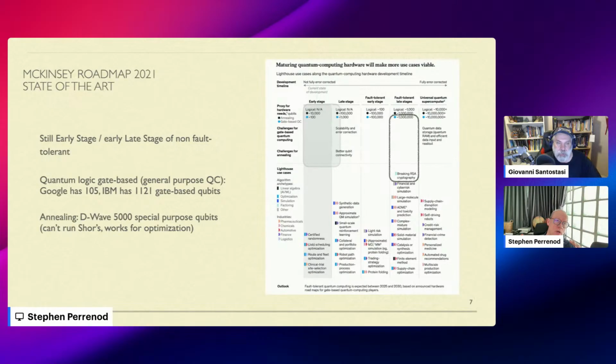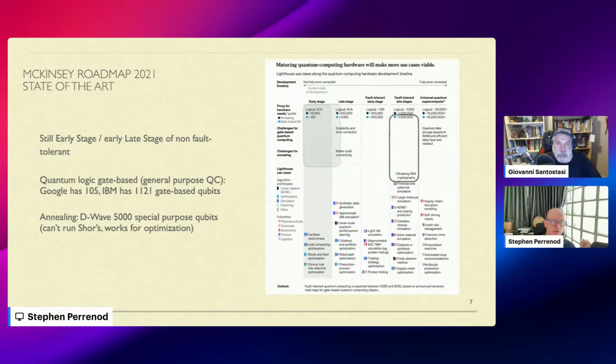You need of order 1 million or more physical qubits. That's shown with the box that has the black fuzzy outline. And then it shows at the bottom breaking RSA cryptography. You need a high degree of fault tolerance. And then the universal quantum supercomputer would be beyond that.